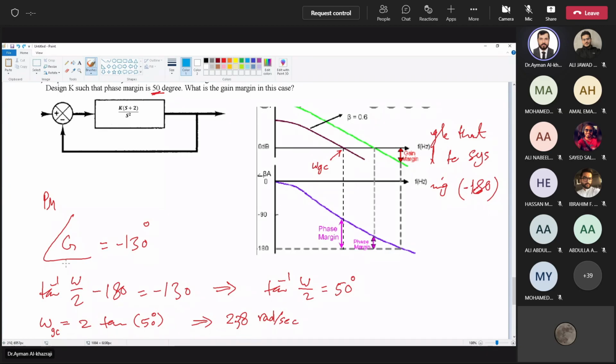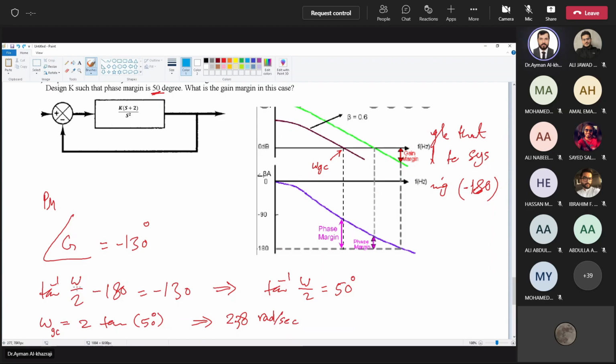You need to go to the equation of phase margin. It will give you the gain crossover frequency. You don't have anything else, because the equation is a function of omega and you only have the phase margin.